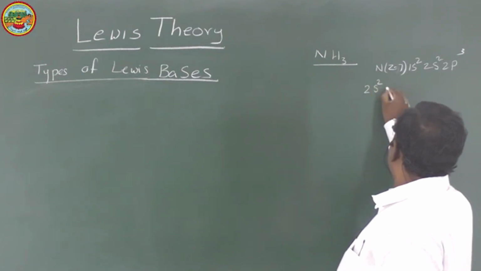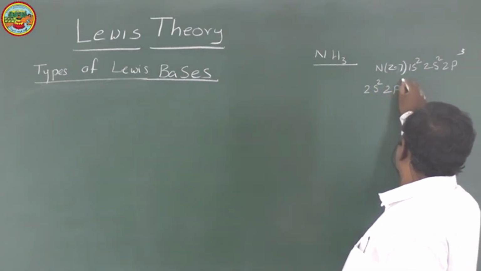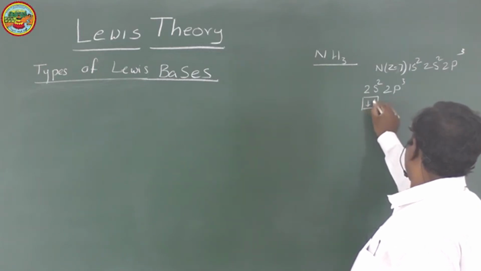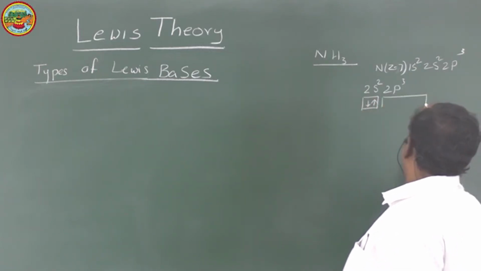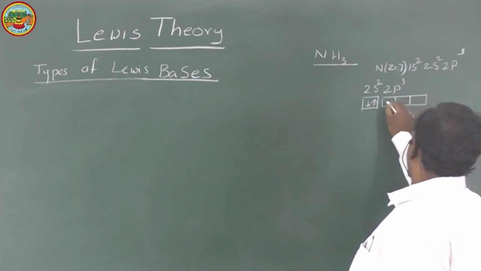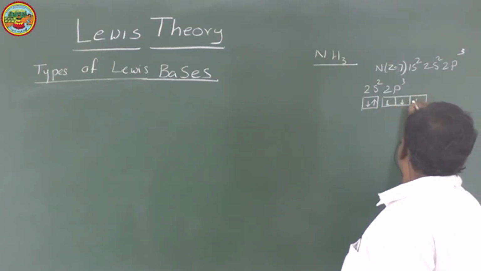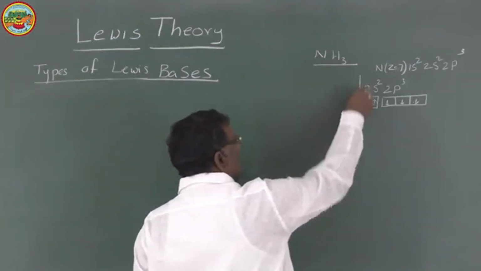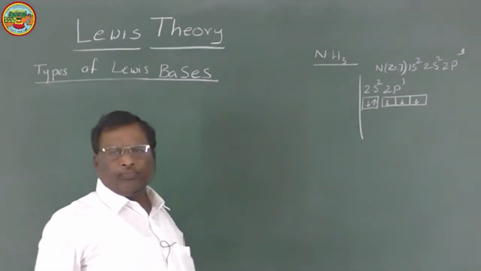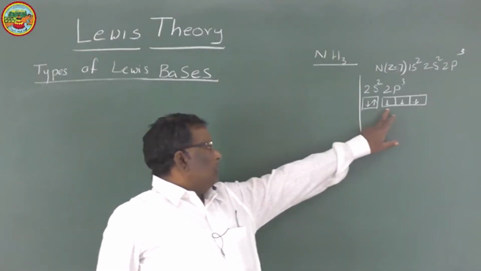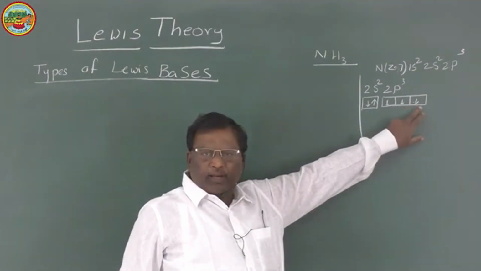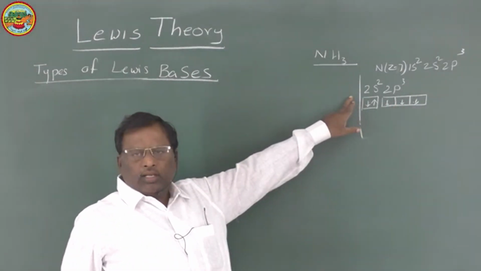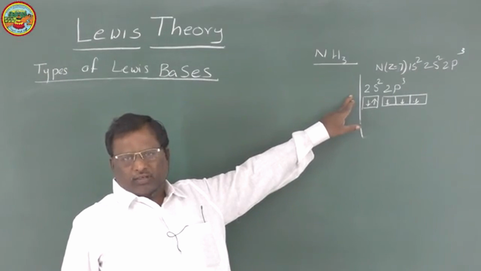In the 2s orbital we have 2 electrons, and in the 2p orbital we have 3 electrons. So in the valency shell of nitrogen, we have 3 half-filled p orbitals and 1 completely filled 2s orbital.